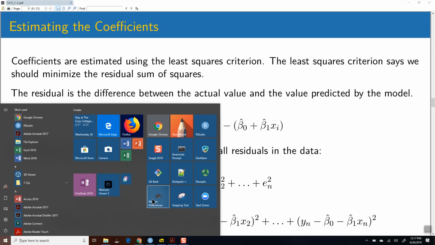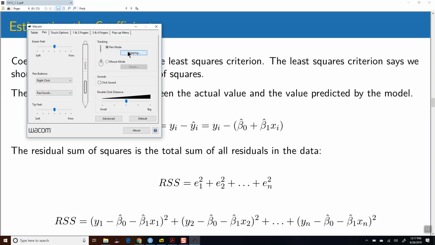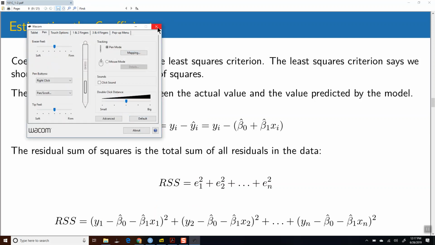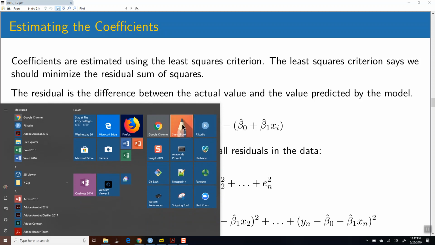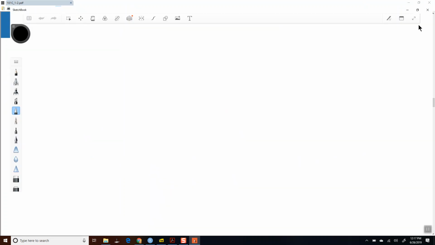Okay, so you might have something like this.